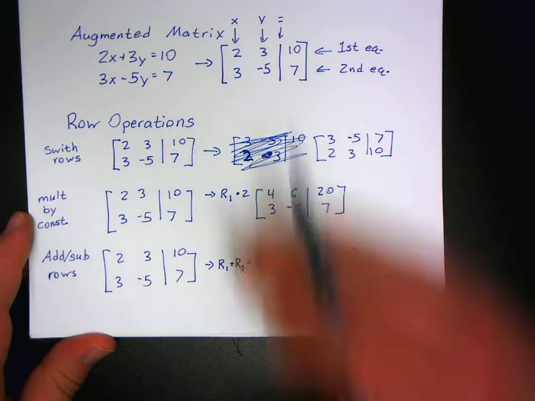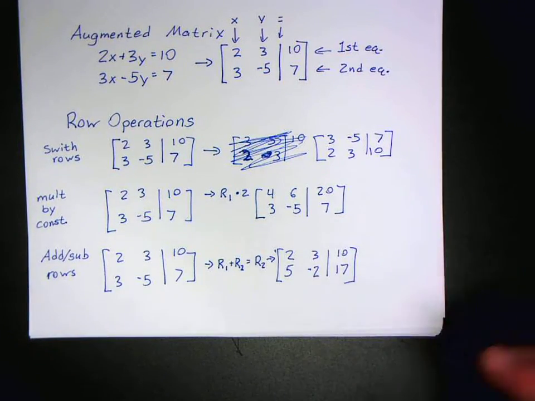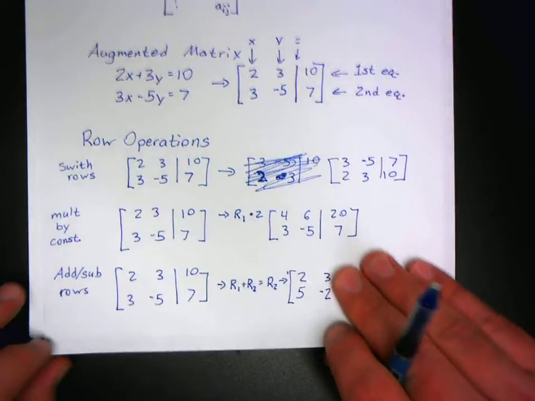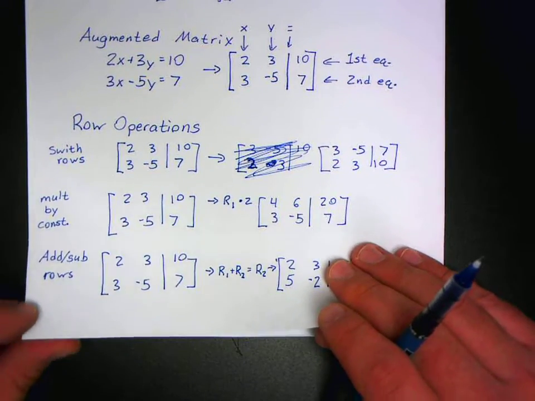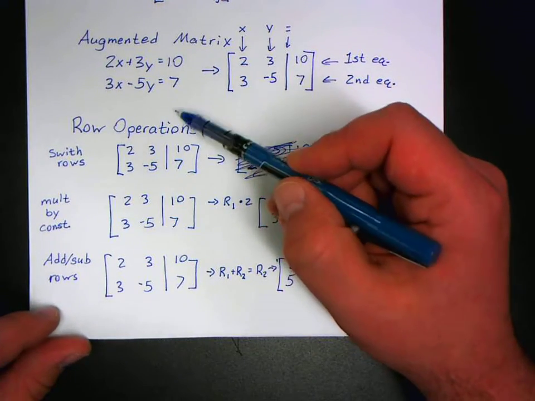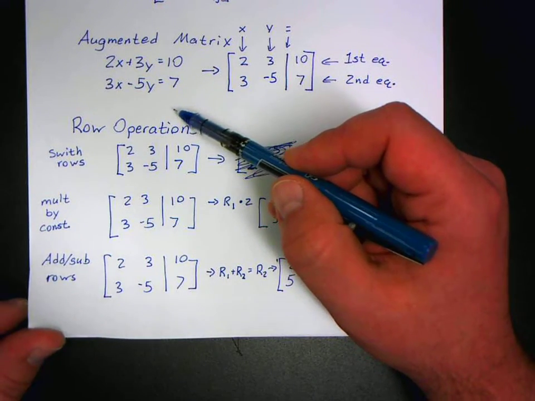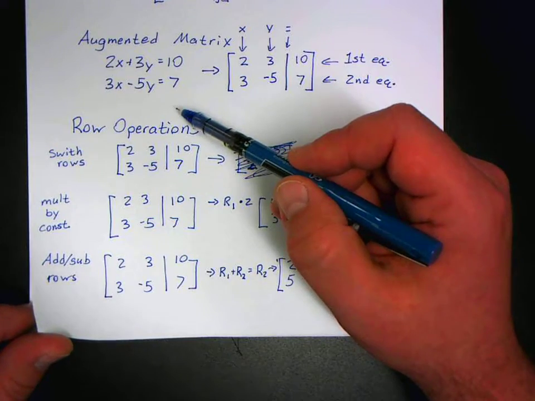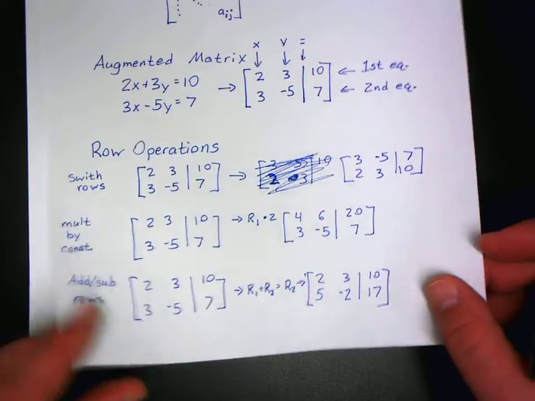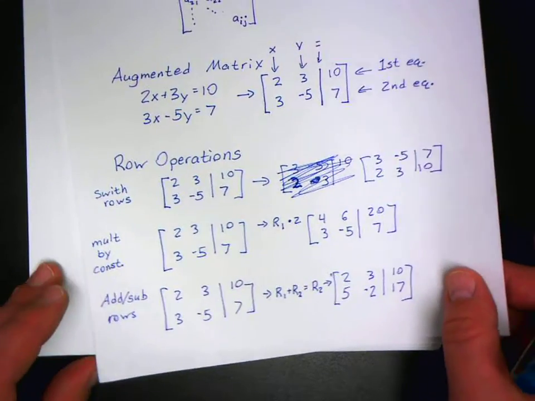So we're going to use all this to solve systems of equations. And you might go, well, okay, isn't it just easier to take this and solve it by hand? And yes, it is. That's not the point. The point is to learn row operations.